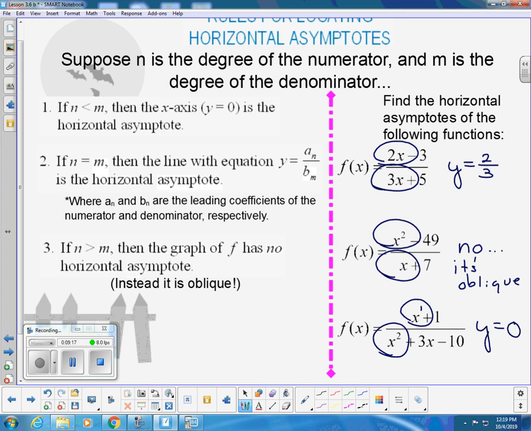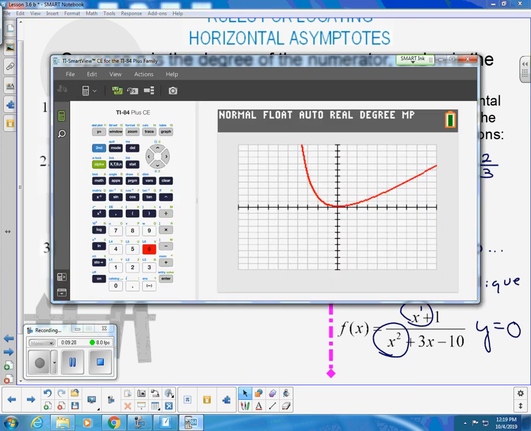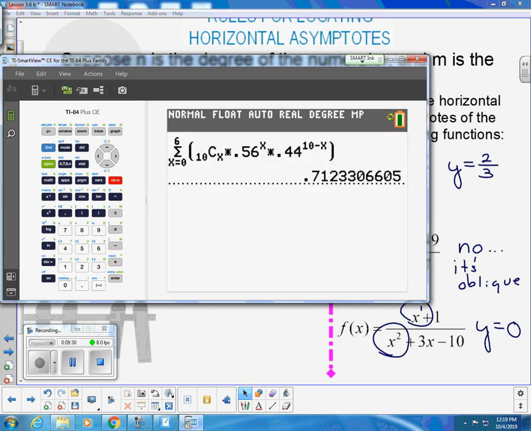Understand, if you do not remember the rules, I can't remember anything. Put in 1,000 for the x. Okay? What are you talking about, Mrs. Tavarchuk? Let's look. Let's say I can't remember the bottom one. If I put 1,000 in, and I divide it by 1,000 squared, you see how it's getting close to 0?